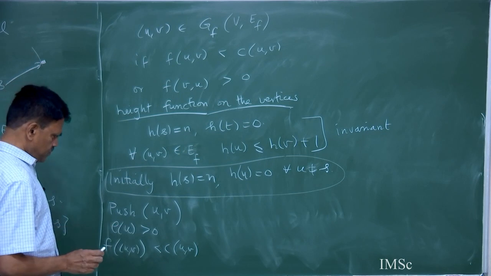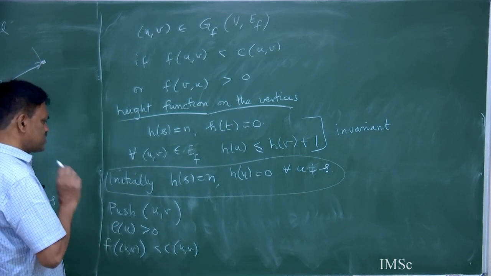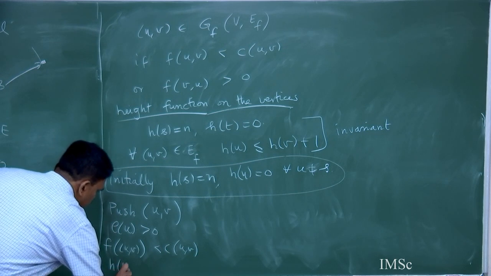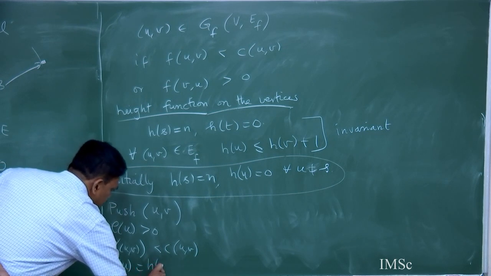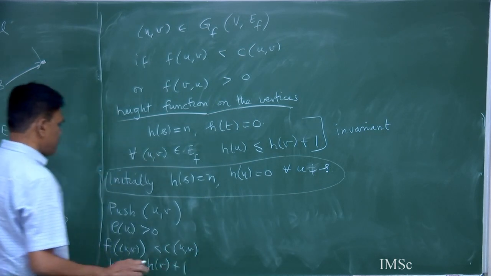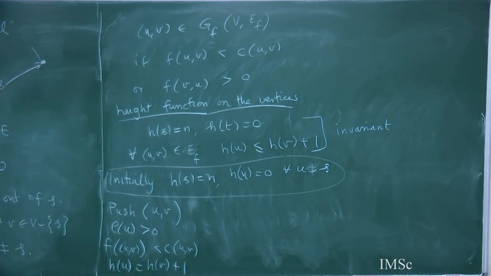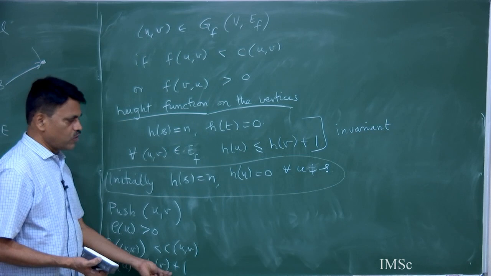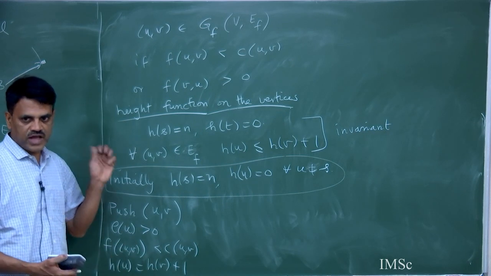And I'm going to insist on one more condition on the height, where height of u is equal to height of v plus 1. If this happens, I am going to push through that edge (u,v). So always I am going to push from a higher vertex to a lower vertex. More precisely, from a vertex whose height is exactly one above the other vertex. That's when I am going to push.